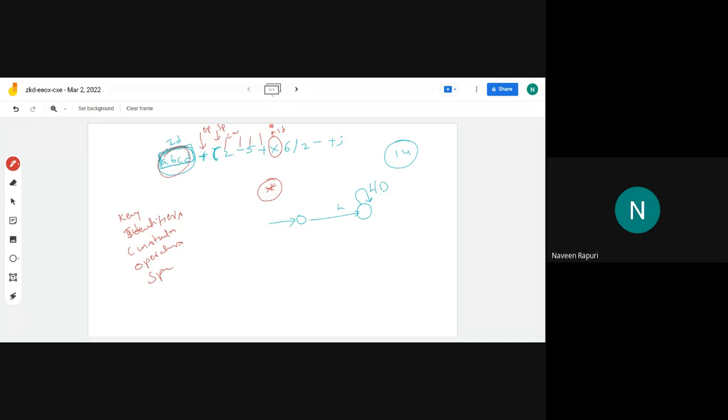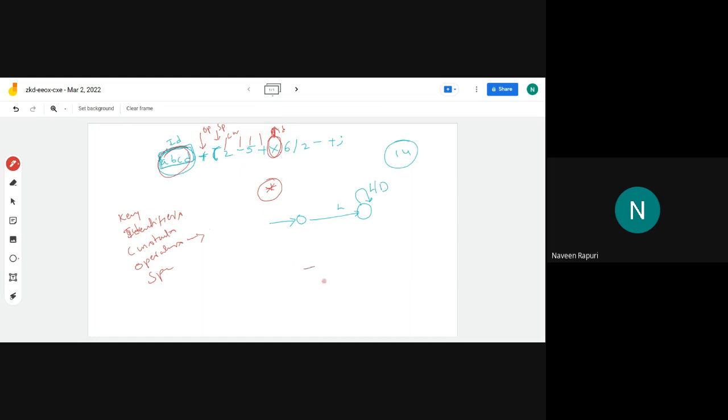Suppose they ask how many operator tokens there are; you may get the chance to put the wrong answer, because this is not an operator token. This is an identifier token.